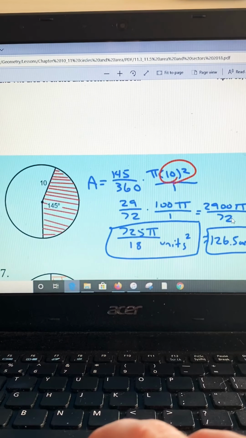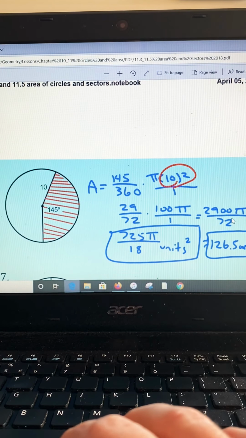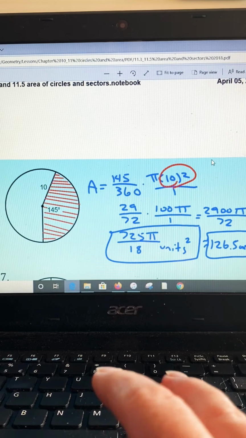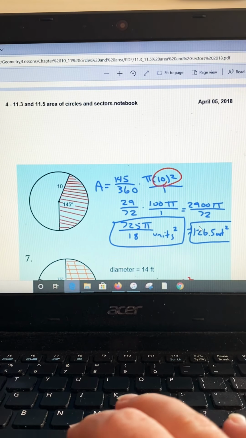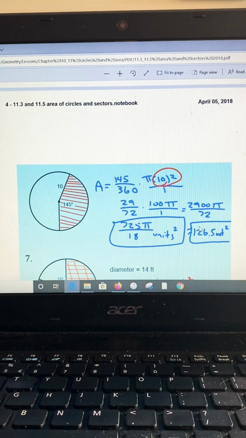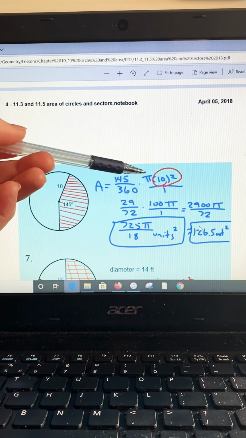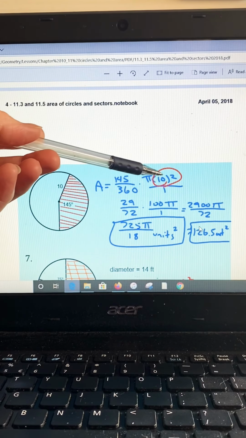These last 2 examples, I'll show you one at a time so you're fully watching it here. Let me zoom out a smidge. Okay. So on this one, the degree is 145, the radius is 10. So I just said 145 over 360 times pi r squared right there.